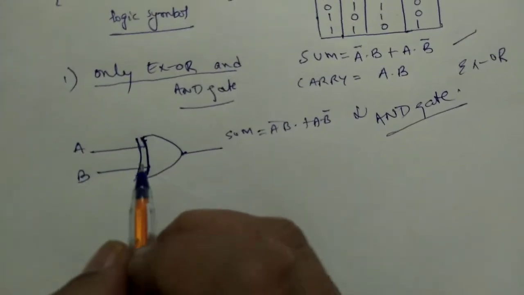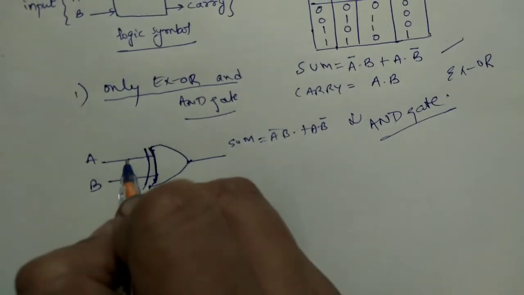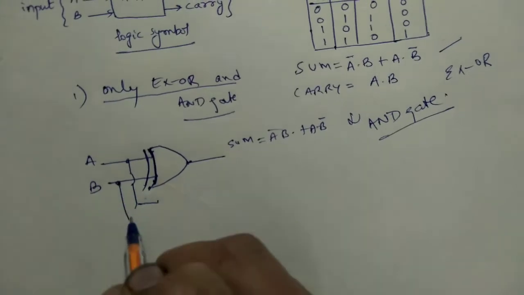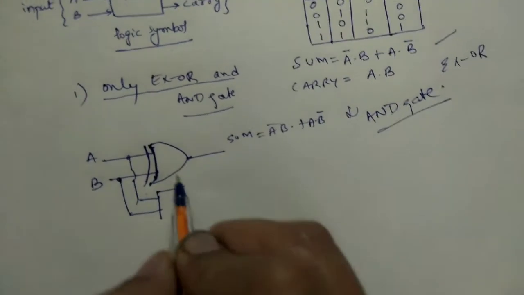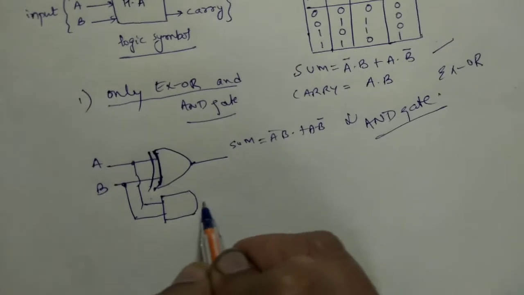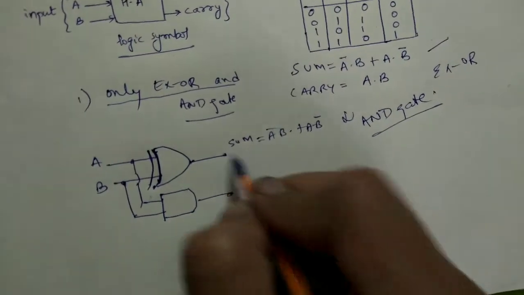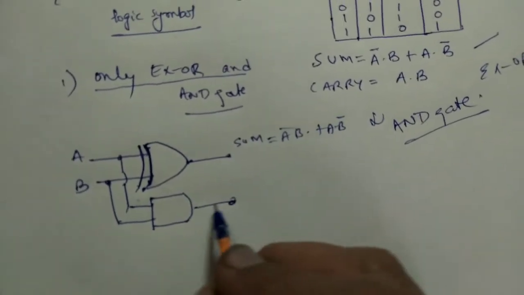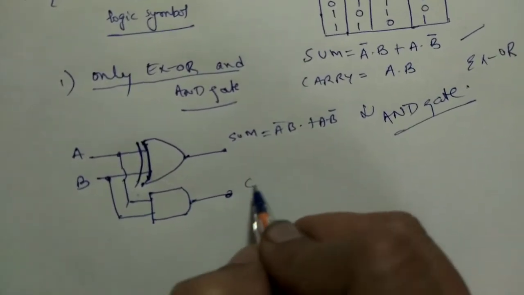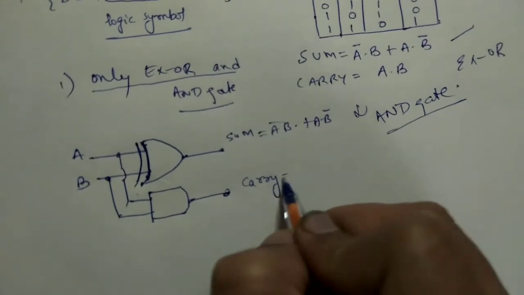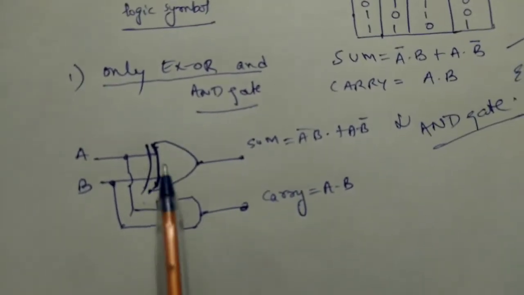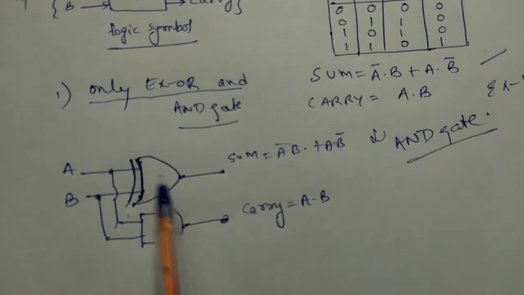And to get the carry, we have to take an AND gate, and from here we are getting carry, that is equal to A into B. So this is the first method in which we have drawn the logic circuit diagram using the exclusive OR gate and the AND gate.